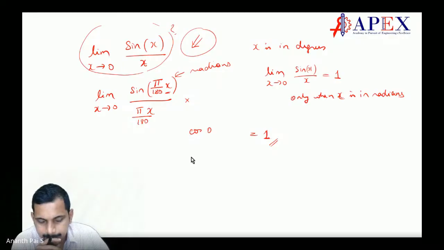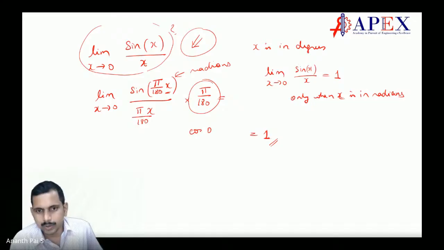That same angle should be there in the denominator. So when you convert that X to pi by 180 X, the denominator should also have that same thing. Only then we can conclude that limit X tends to 0 of sin X by X is 1. For that to happen, we should multiply by pi by 180.